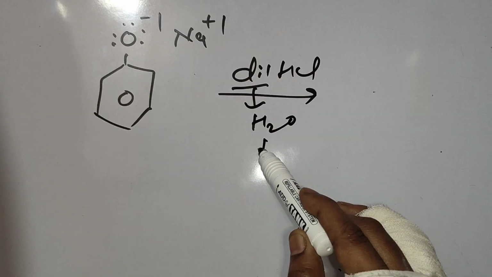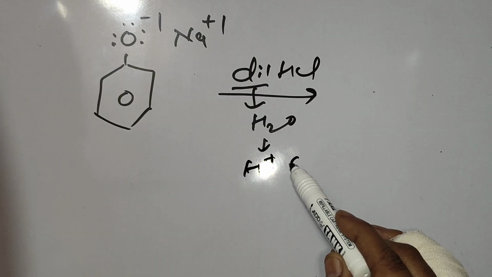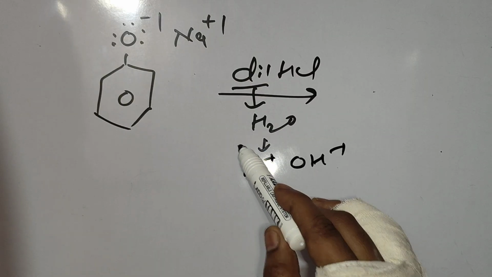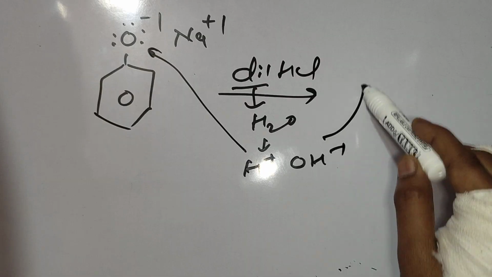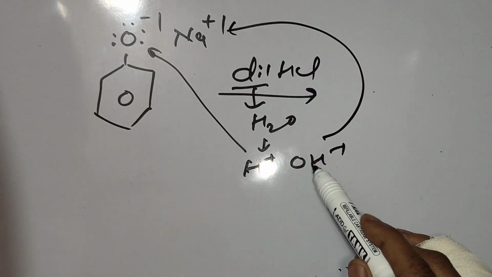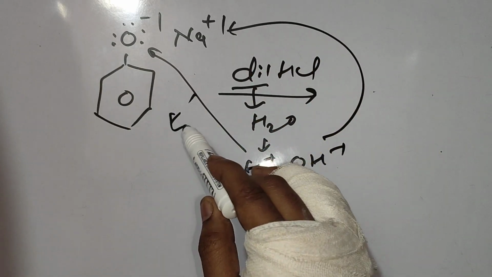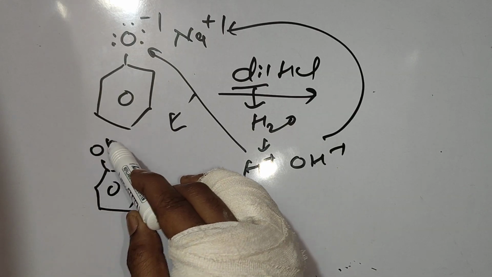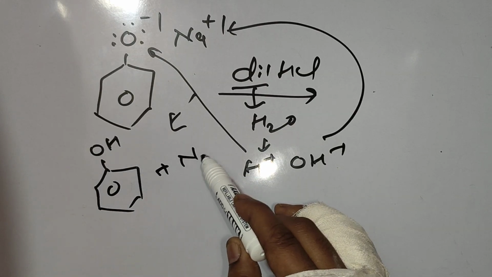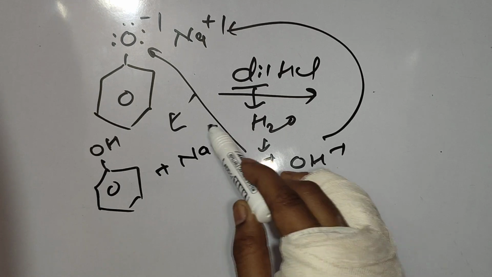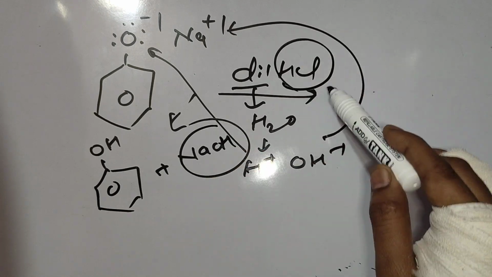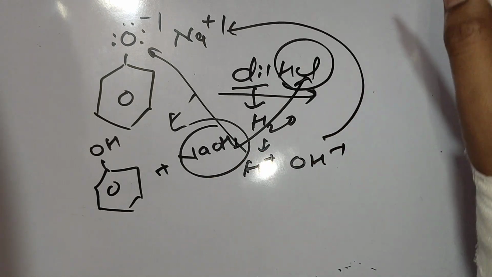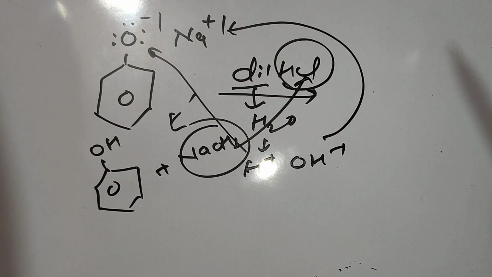Excess of water will provide you H positive, OH negative. This H positive will attack on O negative, Na positive will attack, and OH negative will attack on Na positive. So finally OH plus NaOH will generate. That NaOH is a base, this is acid. Again between them reaction will happen to create NaCl and H2O, and finally we will get phenol.